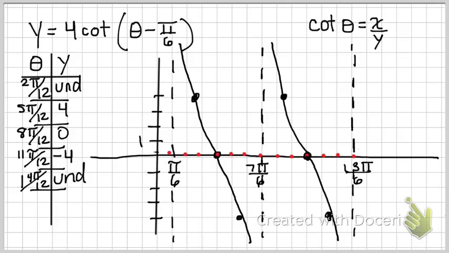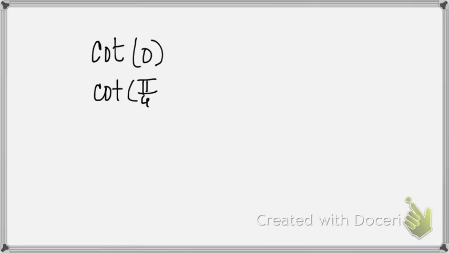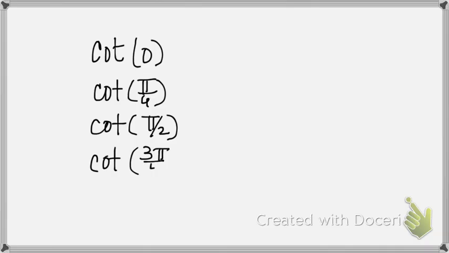So the 5-point process is always going to set us up when we do cotangent. When we do our argument, we're going to have cotangent of 0, and then we're going to end up with cotangent of pi over 4, cotangent of pi over 2, cotangent of 3 pi over 4, and cotangent of pi.